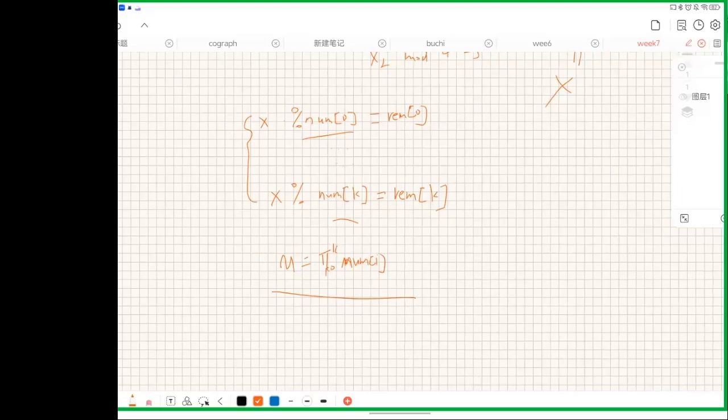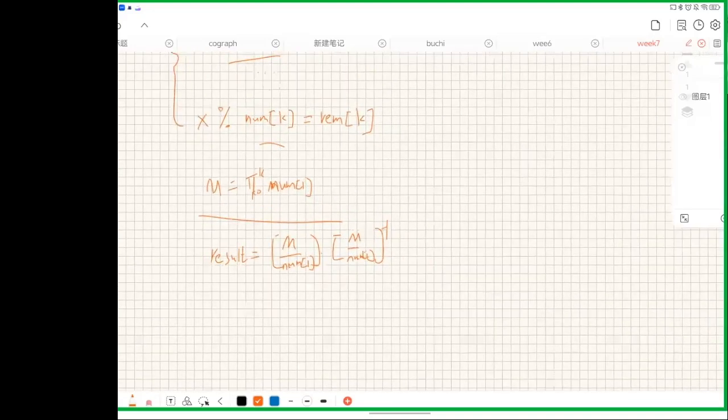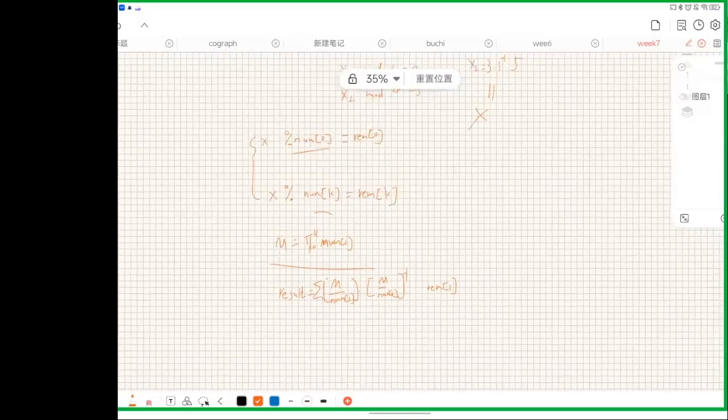And then for each i, we get the result equals M divided by num_i, times the inverse of that modulo num_i, and then times rem_i. This just creates the x_i.